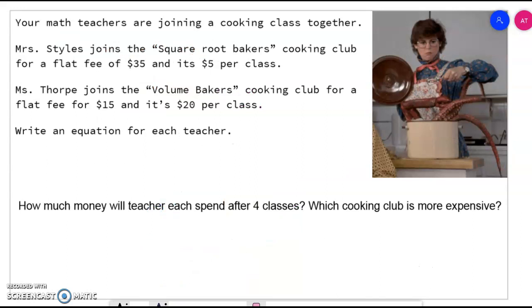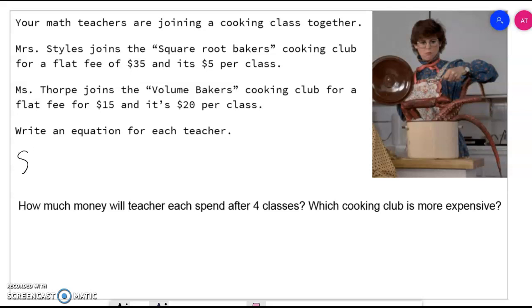All right, so us, your math teachers, are joining a cooking class together. Miss Stiles wants to join the Square Root Bakers Cooking Club for a flat fee of $35, and it's $5 per class. I join a Volume Bakers Cooking Club for a flat fee of $15, and it's $20 per class. So we're going to write an equation for each of the teachers.